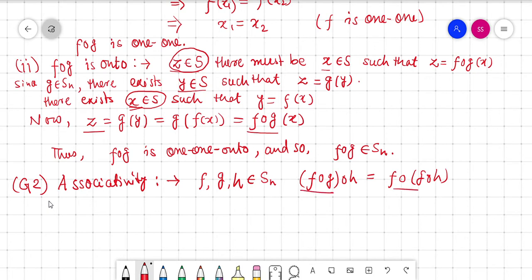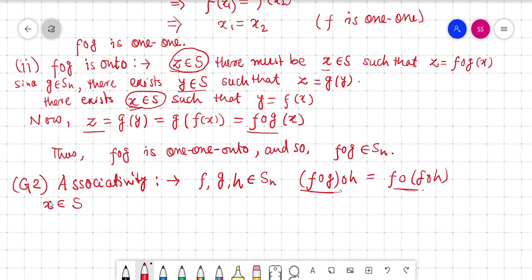So let us prove. How will we prove? Suppose X is an arbitrary element of S. Now if these two mappings, this one and this one, give the same result when applied on X, then we say that these two mappings are equal.